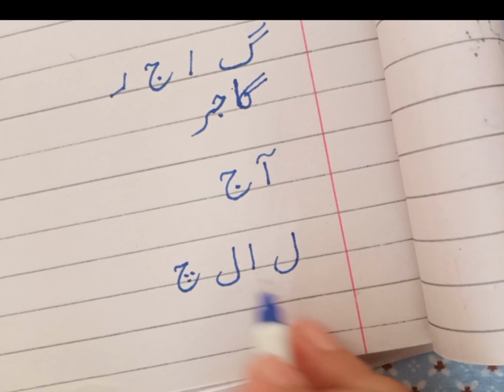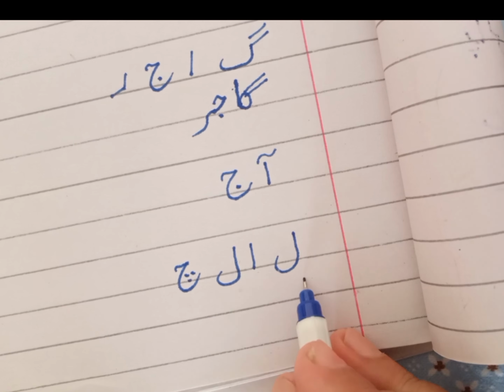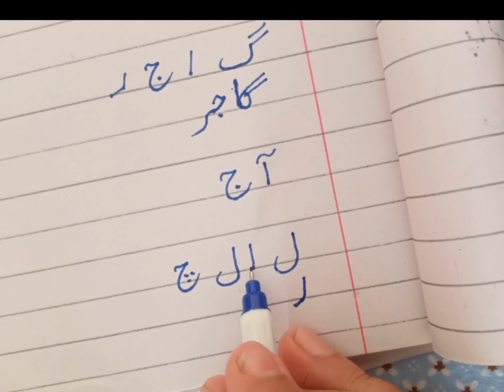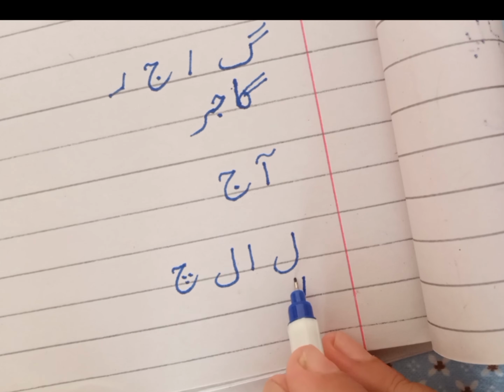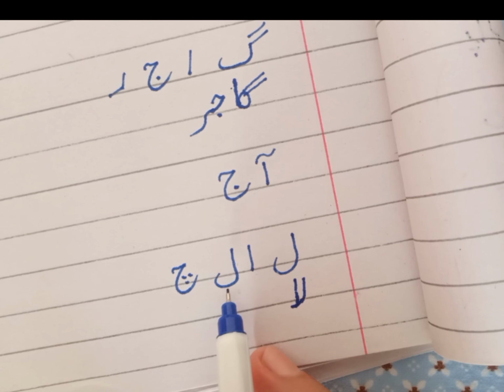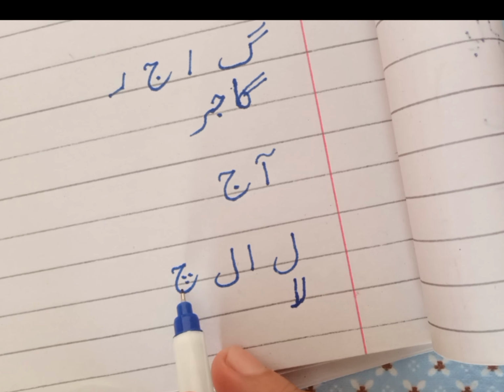How will we join these letters together? Half shape of lam is written. When the half shape of lam is written, it is like this, and this alif will be written over here. You will not write this alif over here, you will write it like this in joint form. This is la, and now this lam and che will be joined together.